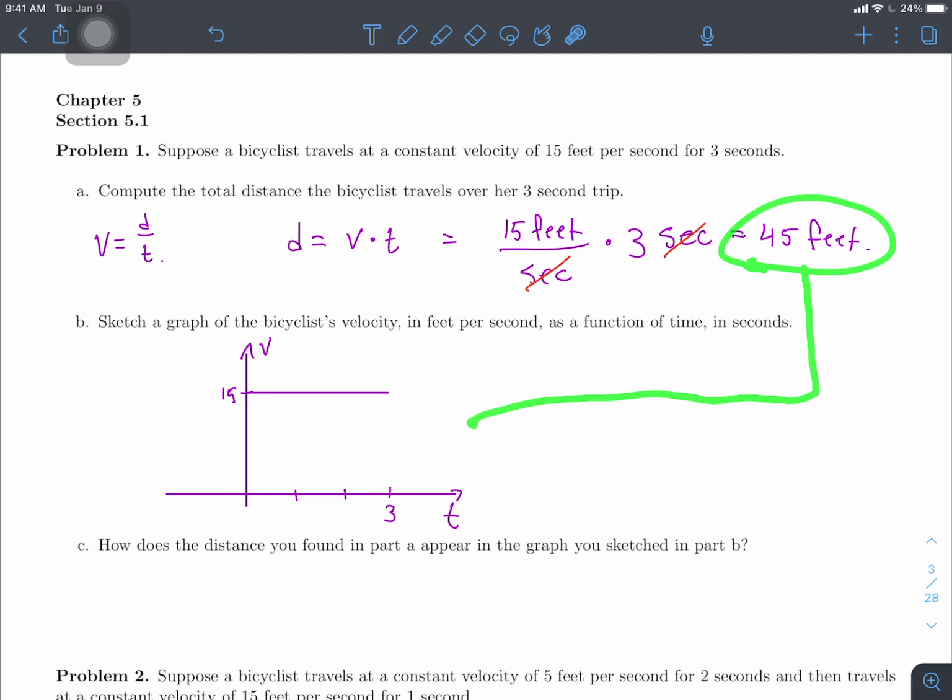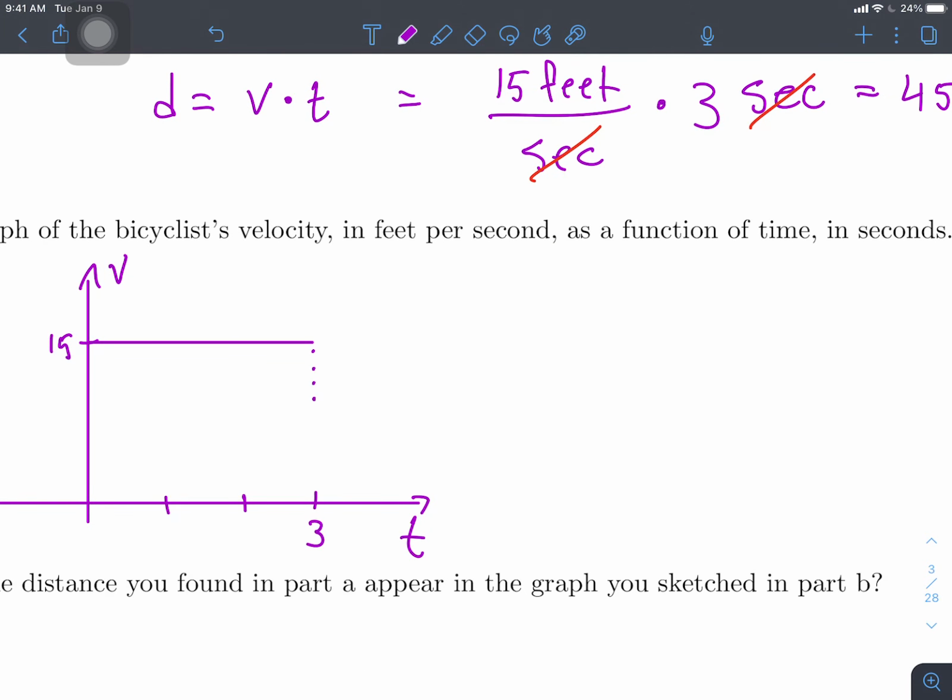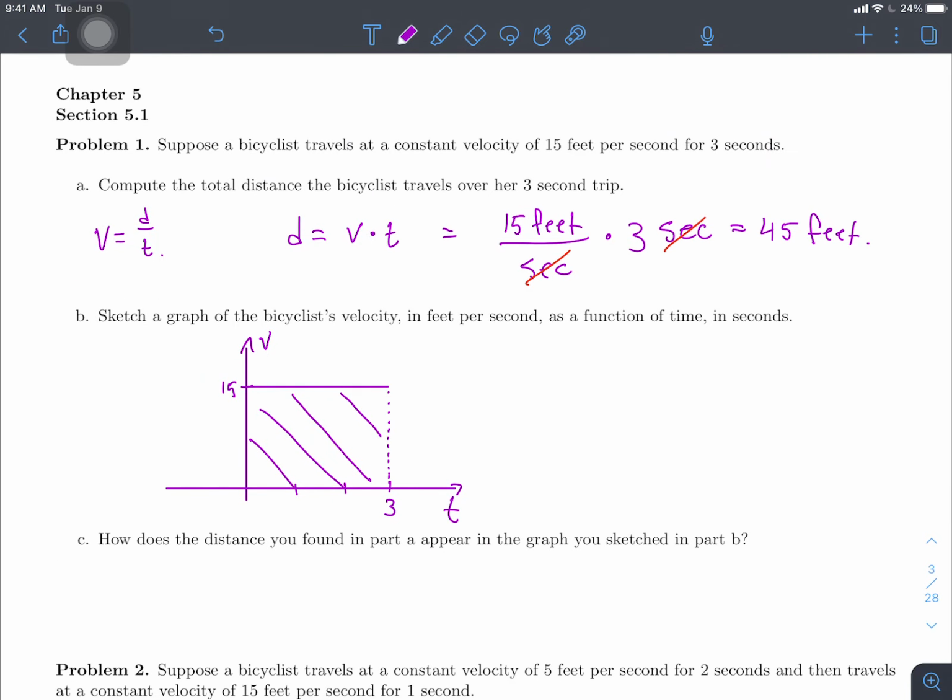Yeah, Alyssa? It's the area under the line. Yeah, it's the area, okay? If I were to fill this in like a box and find the area of this guy, okay, then I would get 45, right?